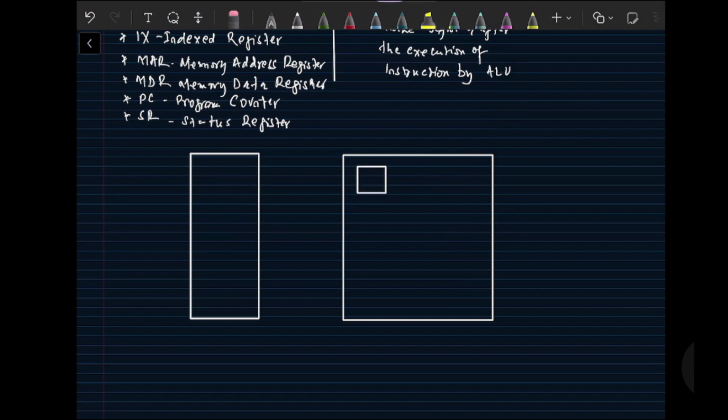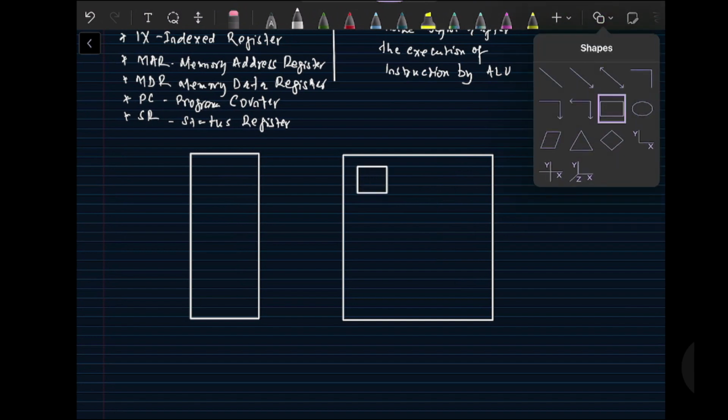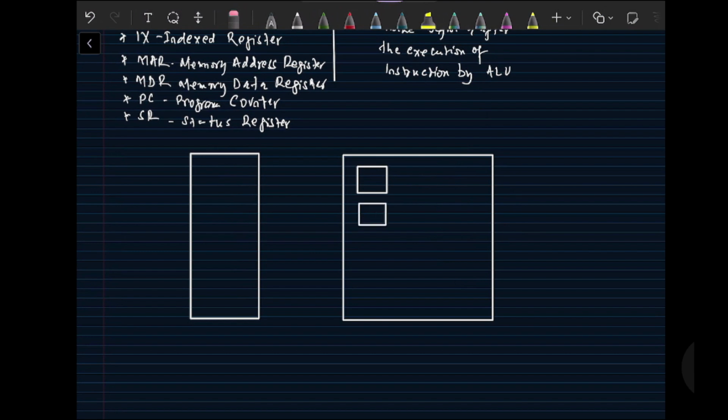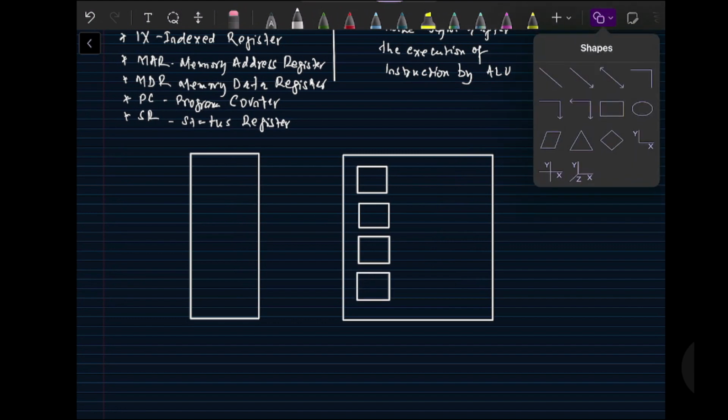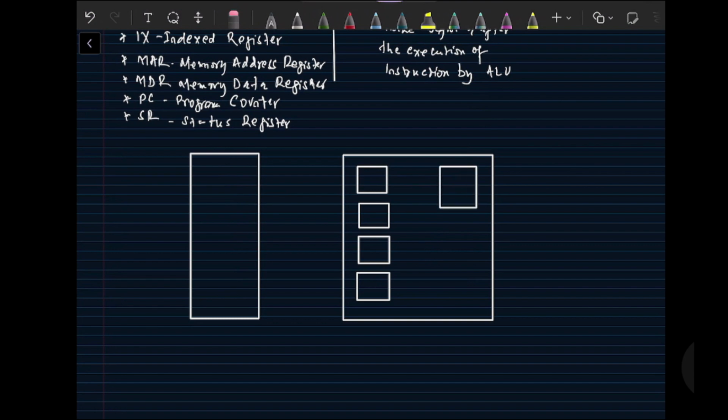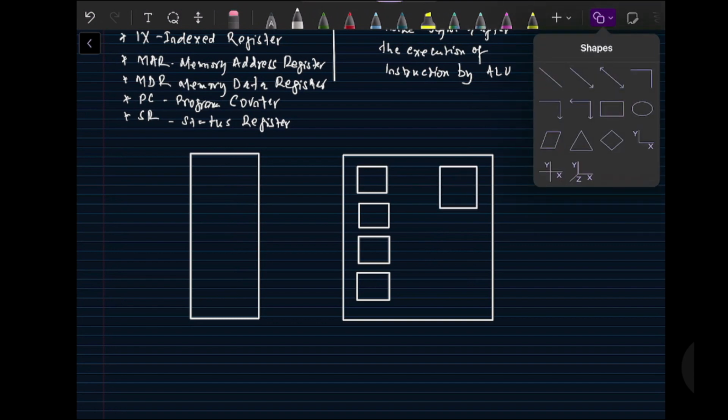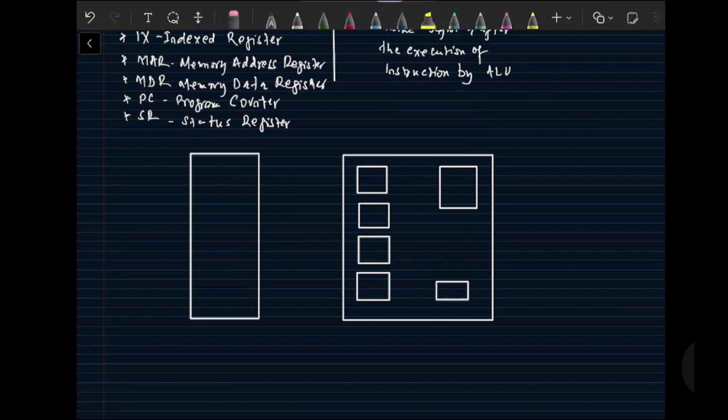So program counter, MAR, MDR, CIR, the ALU, this is the accumulator, and this is going to be the control unit.